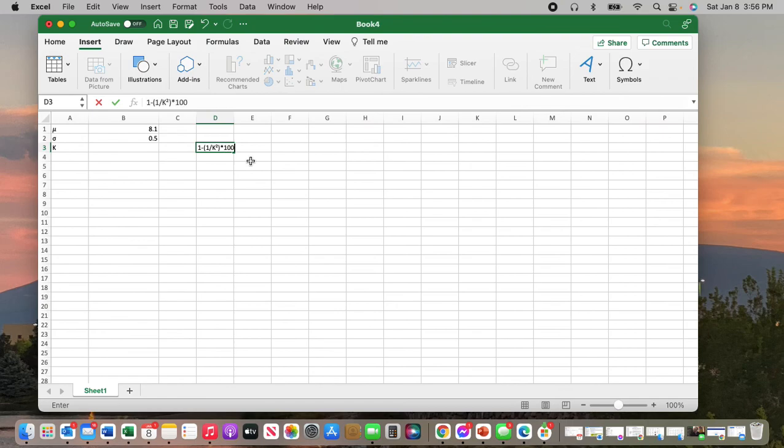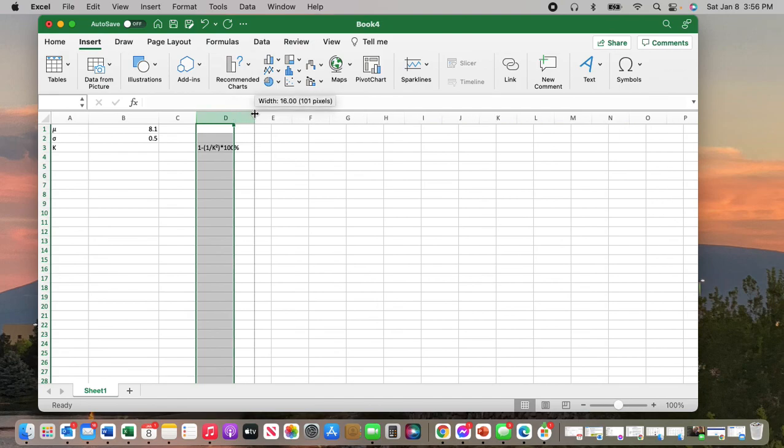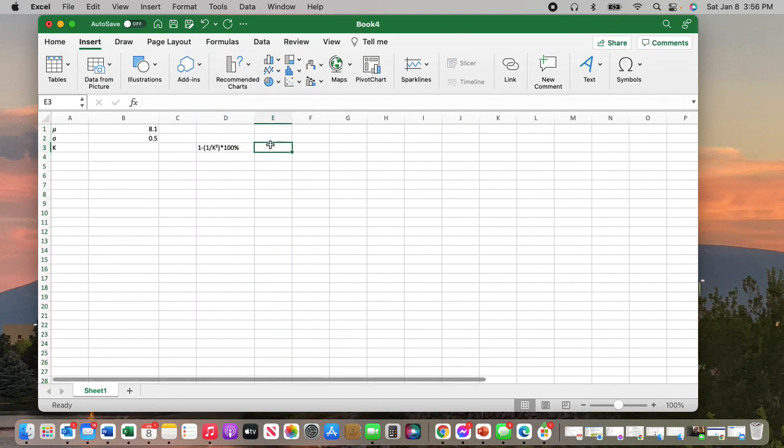Let me make this a little bit bigger here so I've got plenty of space. It is going to equal 88.89%.